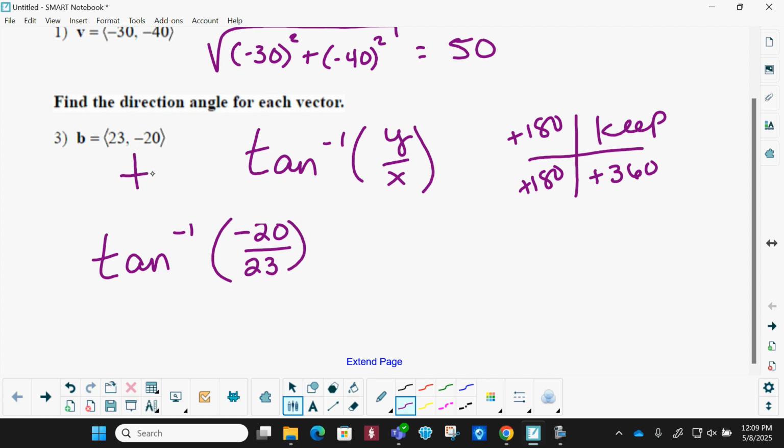Because we graphed this here, positive, negative, in quadrant 4, we're going to add 360. So inverse tangent of negative 20 divided by 23 plus 360, I get 319 degrees.